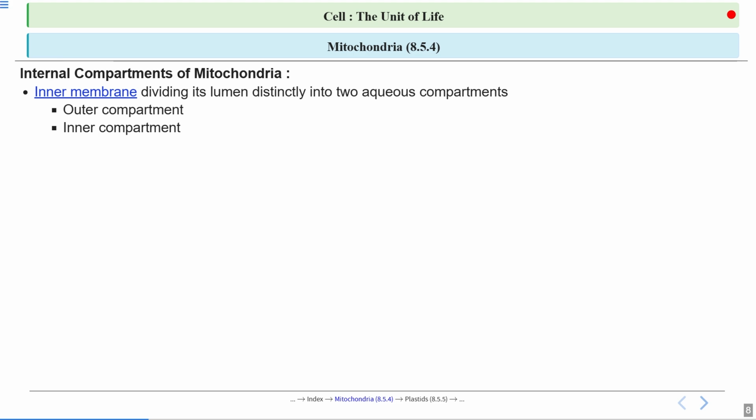Towards the outer side of the inner membrane is the outer compartment. Towards the inner side of the inner membrane is the inner compartment. The outer compartment consists of the space between the outer and the inner membrane, which is known as the intermembrane space.